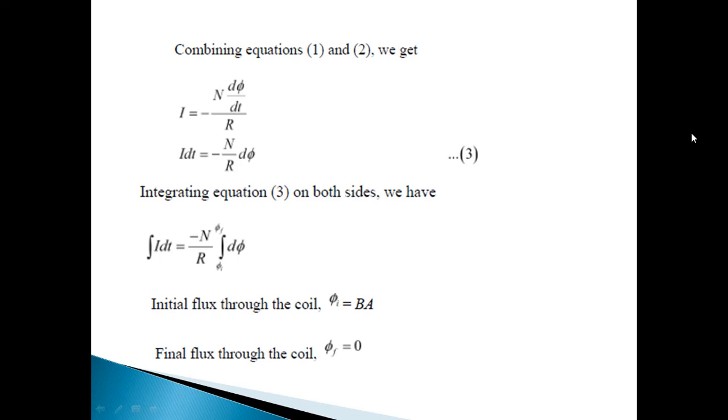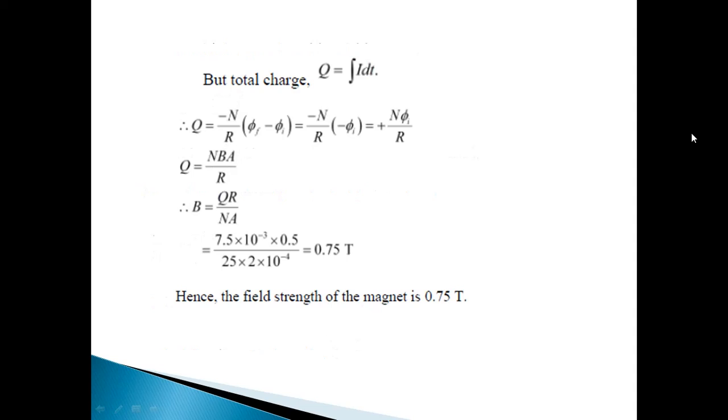Initial flux through the coil is given as B into A, magnetic field strength into area of the coil. Final flux through the coil is 0 because we are removing the coil out from the magnetic field as per the question.